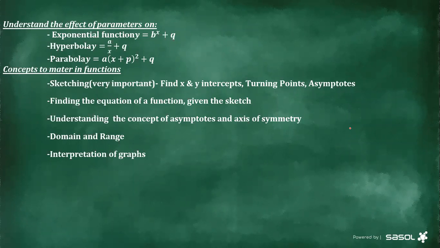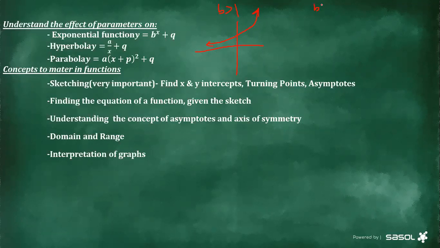You should understand the effect of the parameters, such as those of the exponential, y = b^x + q. I'm going to start with b. If b is greater than 1, then the exponential has this shape.